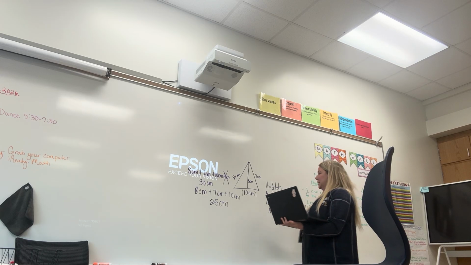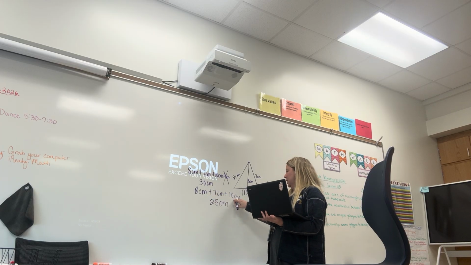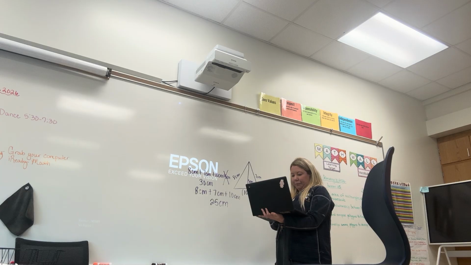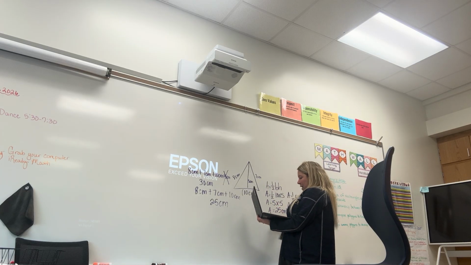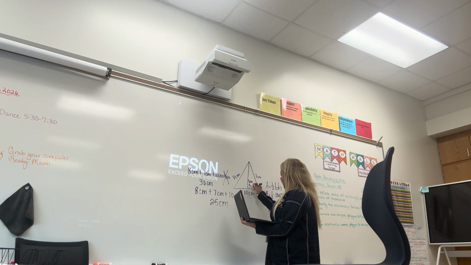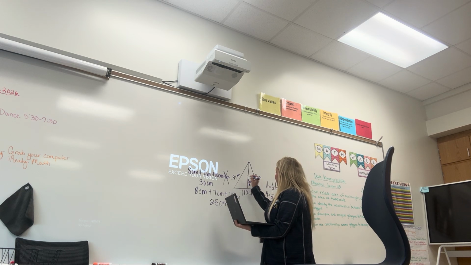I need to make sure not to make the mistake of using my height. And one easy way to check that is to make sure I just have 3 numbers and they're the numbers on the outside. So let me summarize so I don't mix these up again. Area uses base and height, so this number and this number, but perimeter uses these outside numbers.